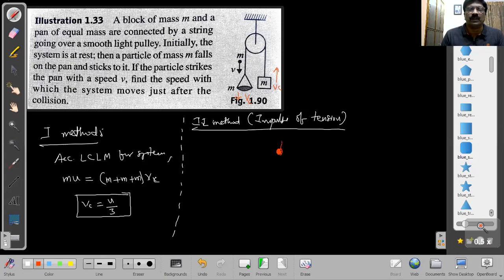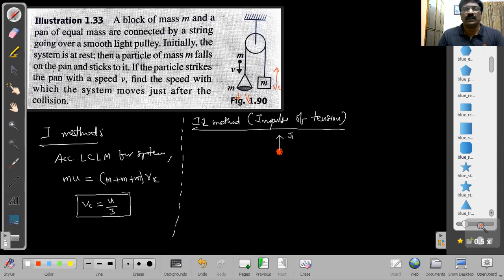That's why the impulse is received by the particle in the upward direction. This is the impulse received by the particle, say J1, in the upward direction.